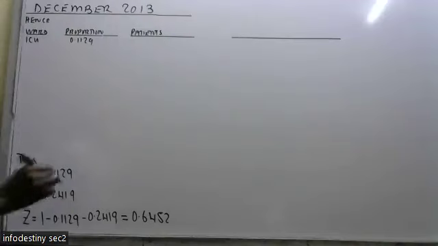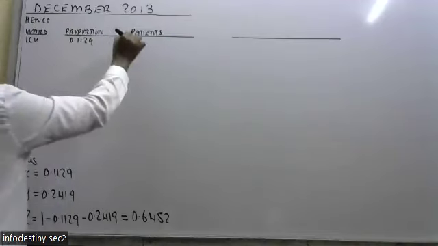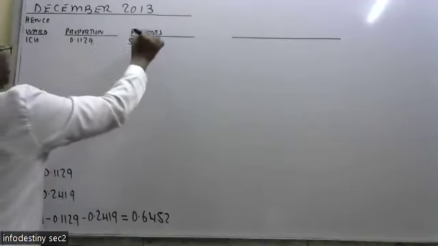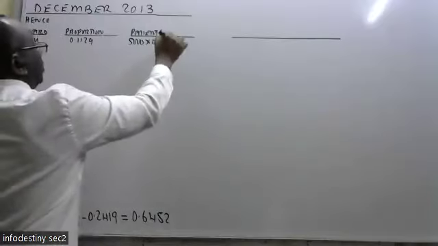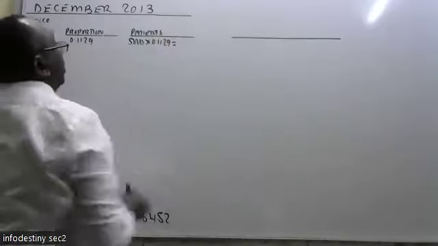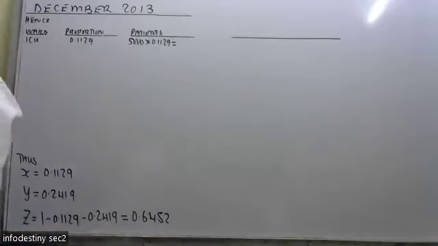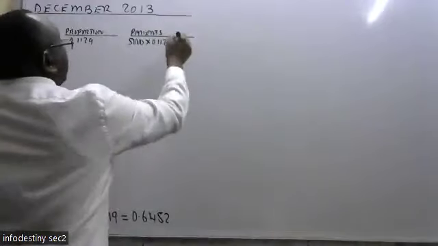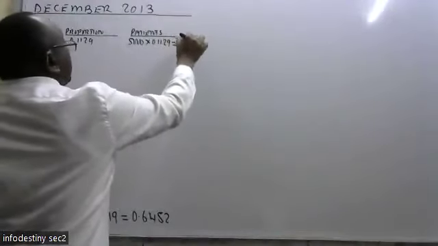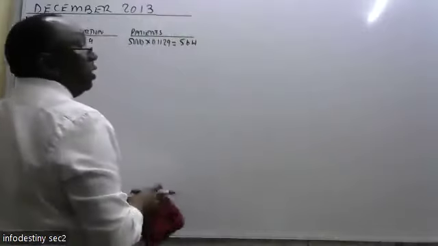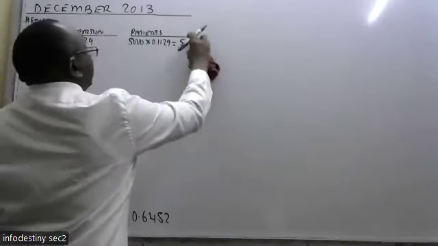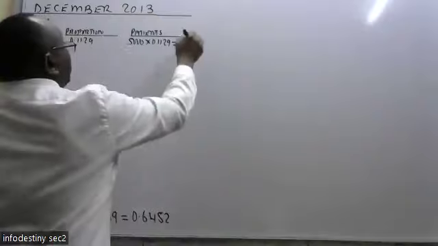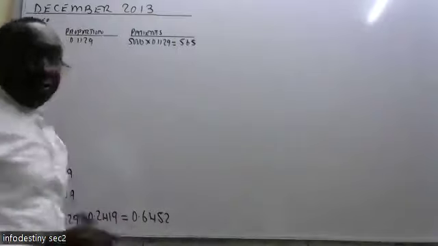So that means these 5,000 times 0.1129. We should have worked with 3 decimals, but it's still okay. That gives 564.85, so we can call it 565 patients.